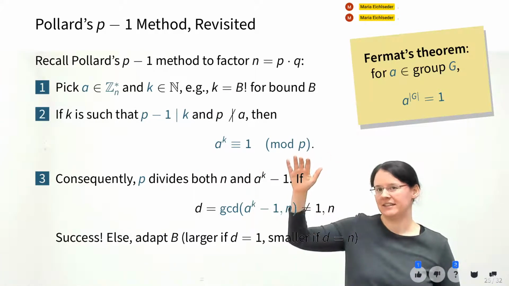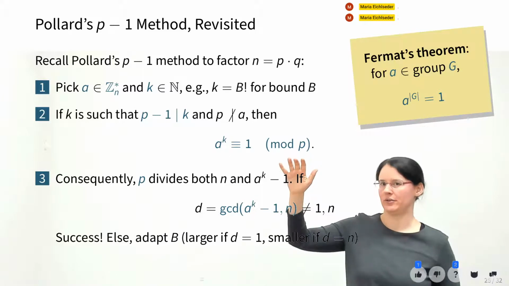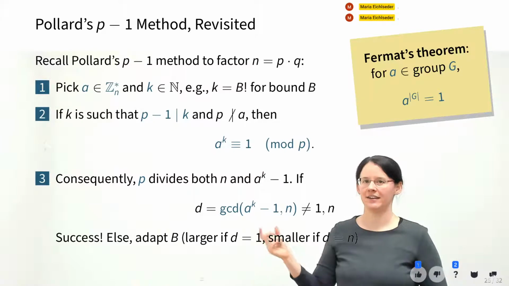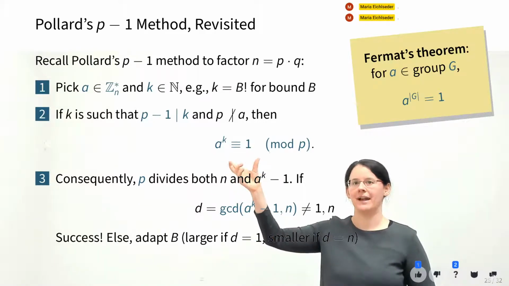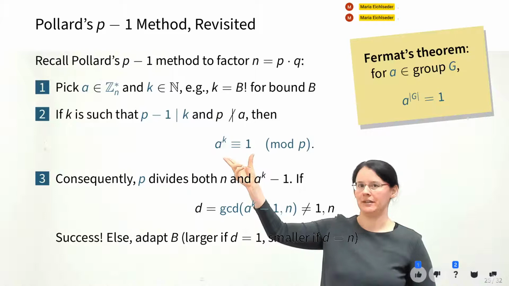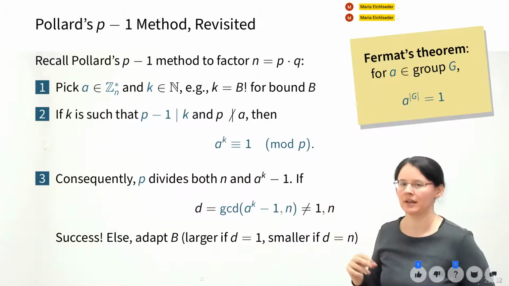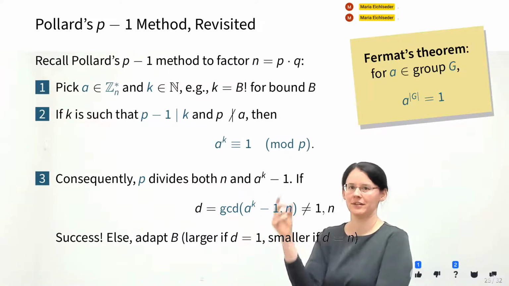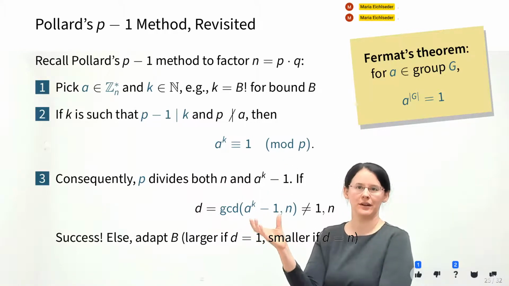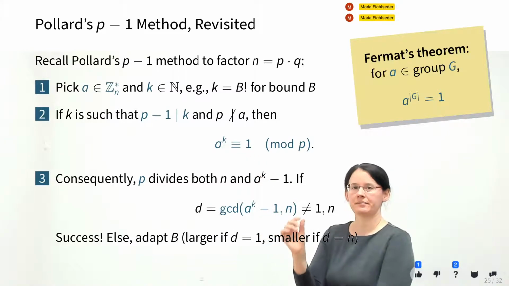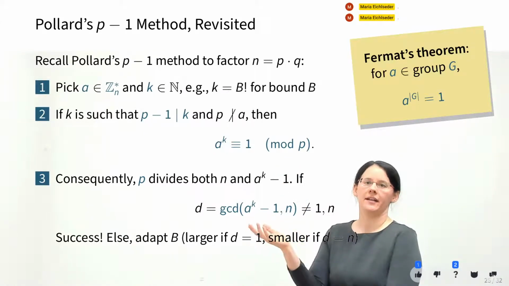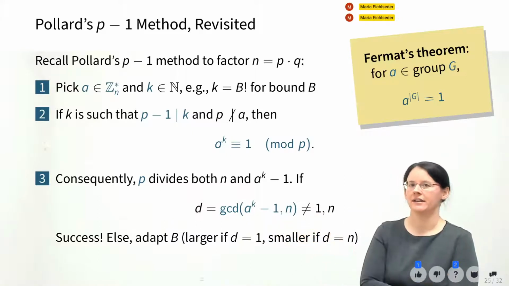Now I don't directly see this because I can't compute modulo p, I can only compute modulo n, but when this happens, I can still detect it, because then a to the power of k minus 1 would be divisible by p, if this equation holds modulo p. So the test that I can do is to compute the greatest common divisor of this thing with n. If this happened in the background, then both are divisible by p, and the GCD of the two is also p.